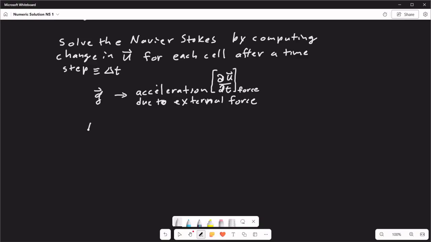And then there's this term, which is the mu over rho, divergence of the gradient of the u vector. And this is basically the acceleration du with respect to t, but this is basically caused by the viscosity.